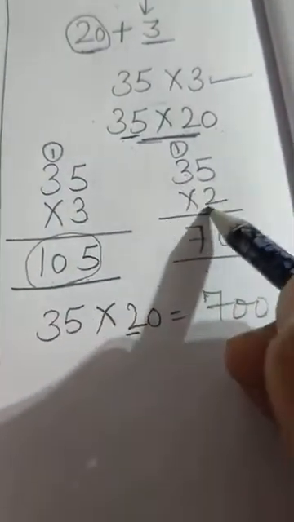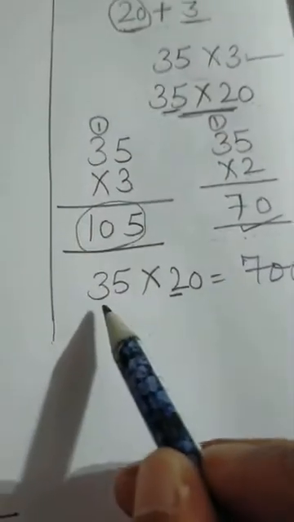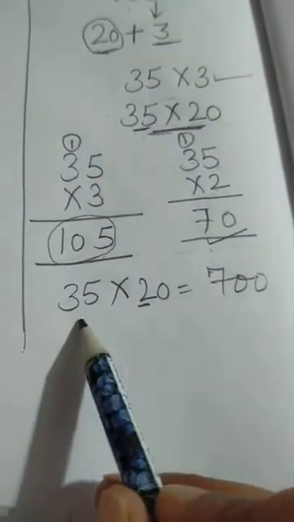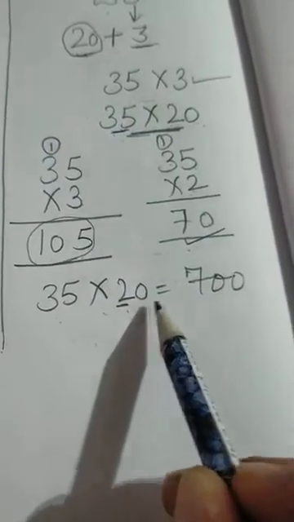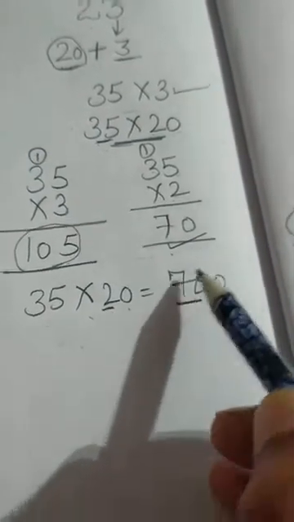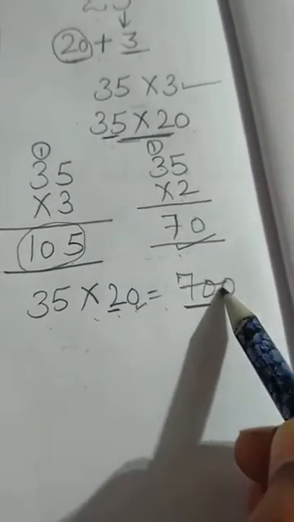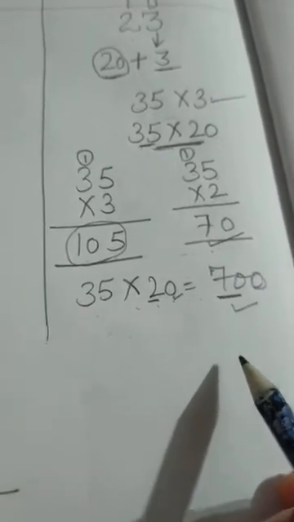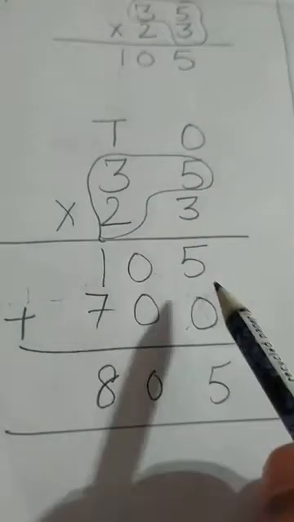So 35 multiplied by 2 is 70, but we have to multiply 35 by 20. So we write the 0 on the right hand side of the 70, and we will get 700.